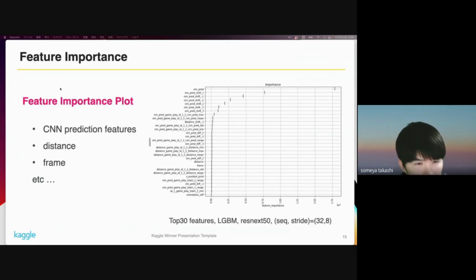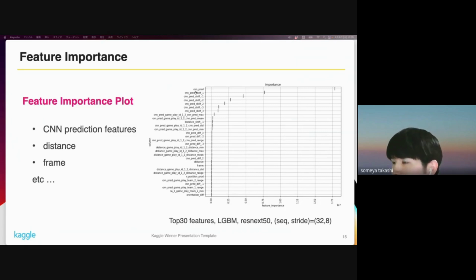Okay, so using these features, we fitted gradient boosted decision trees. For example, this is LeNeXt 50 for the first stage and LightGBM for the second stage, and this shows the top 30 features.